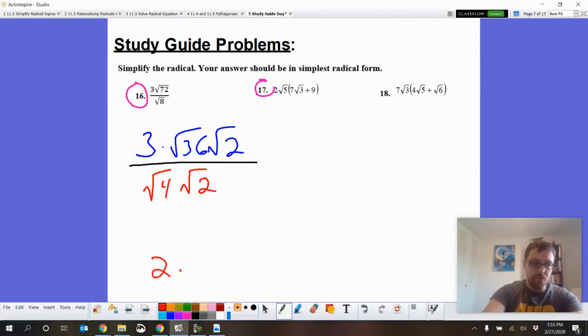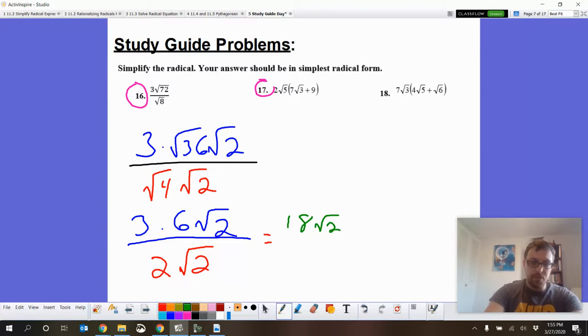So we've got 2 square roots of 2. And in the numerator, we've got 3 times the square root of 36, which is 6, and that's a square root of 2. Okay, I'm going to combine those. So we've got 18 square roots of 2 over 2 square roots of 2.